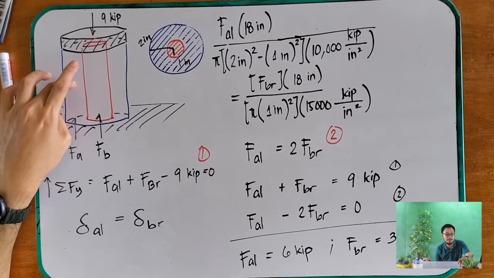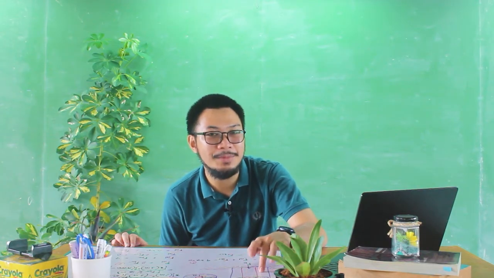So now we have solved for the reactions at your aluminum and your bronze. But we are not done yet because what is asked is the average normal stress on your aluminum and your bronze.